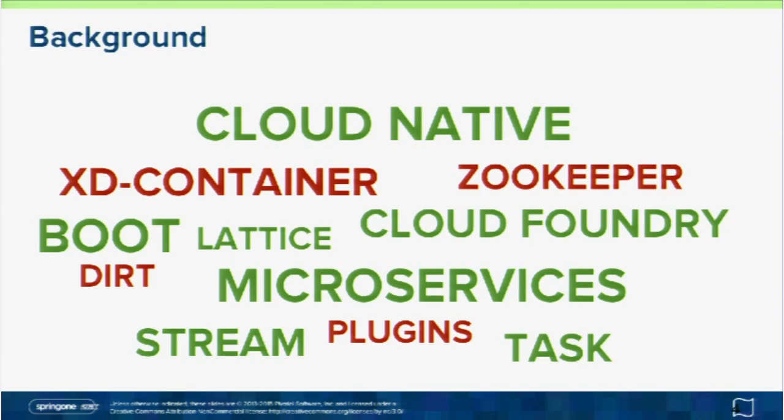It really all started when we were heavily influenced by the idea of creating cloud-native microservices, and we wanted the modules within XD streams to be cloud-native microservices. We started working on a prototype to deploy onto Lattice, and what happened in that process is we realized that the original XD model had a concept of a container, the XD container.